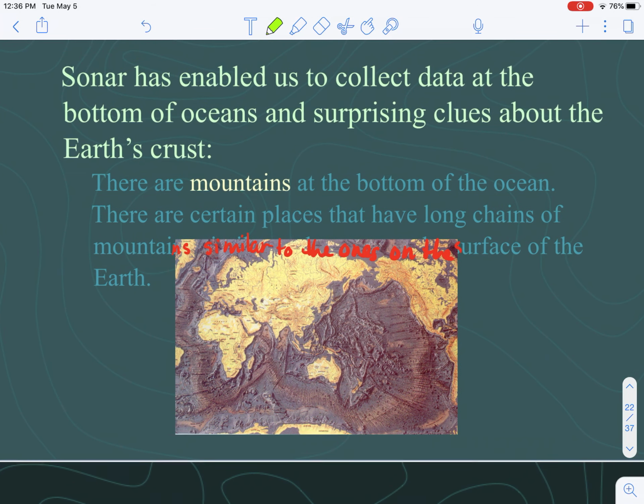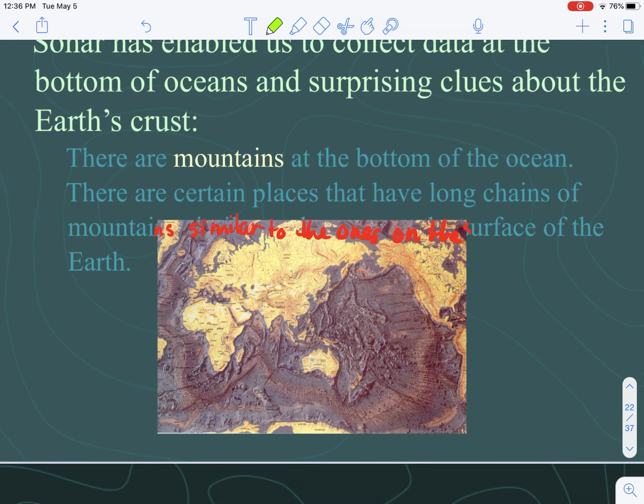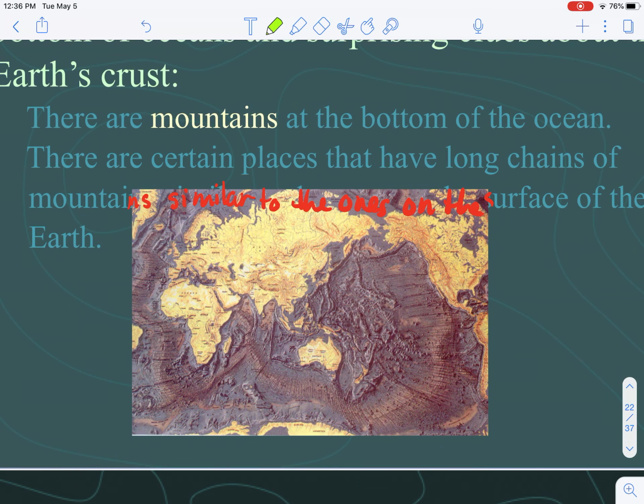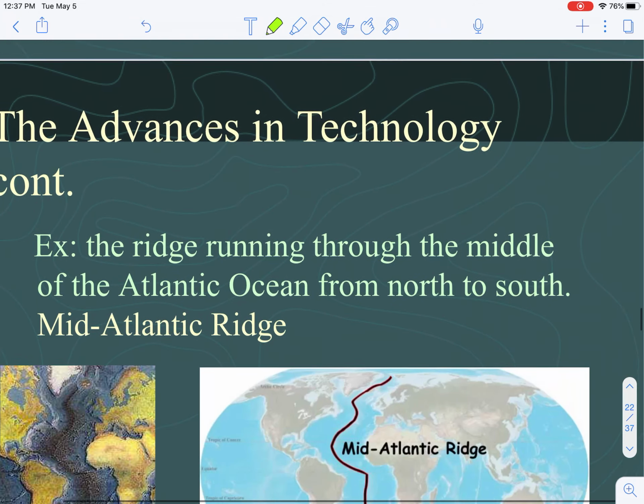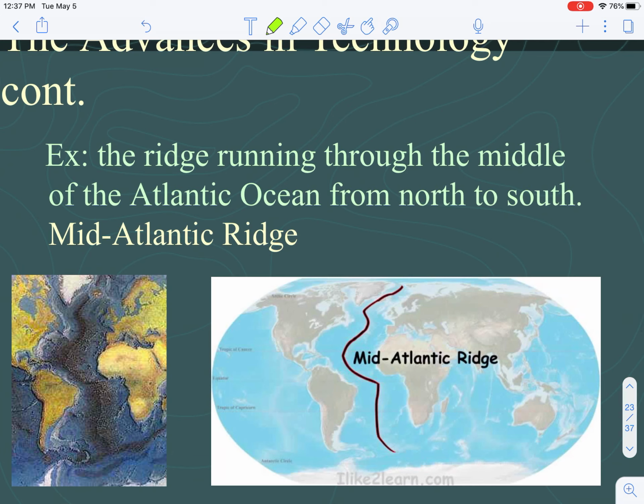But anyways, it's looking at using sound waves to detect what the ocean floor looks like. And what they found there is that there are mountains at the bottom, similar to the mountains on the surface of the earth. And so those mountains had to be formed in some way from plates pushing together.